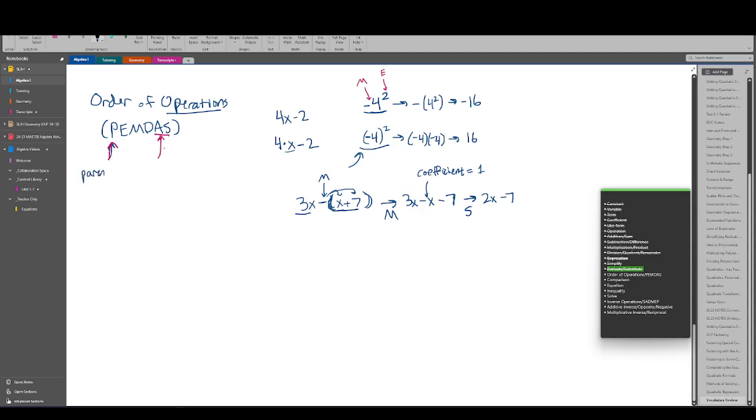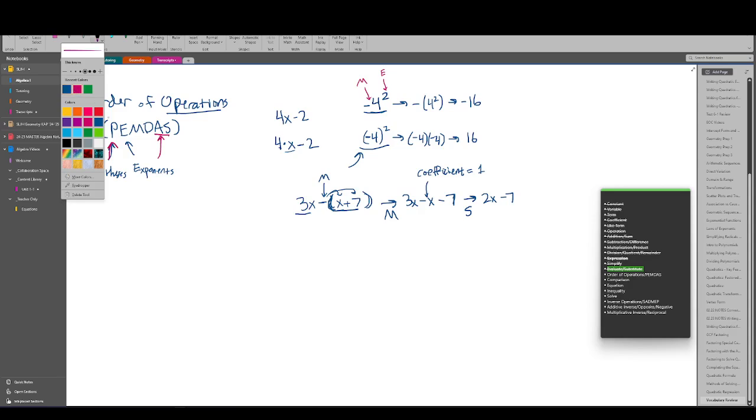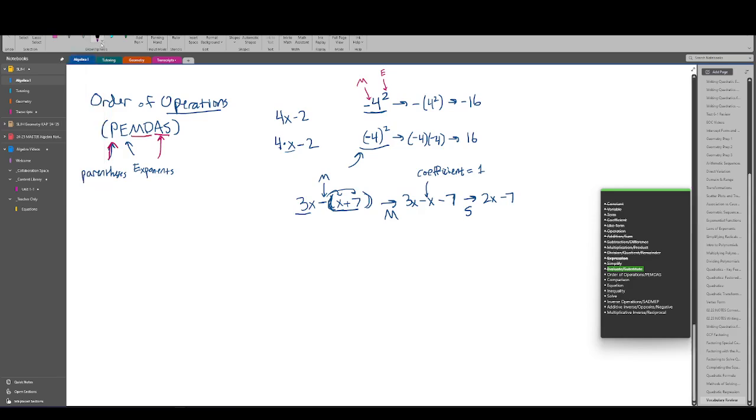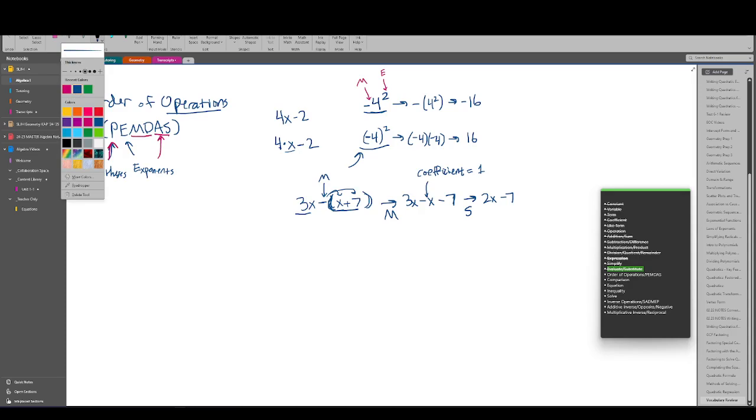So the P is parentheses, the E is exponents, so that means like if we're squaring something or raising something to a power. We'll be doing quite a bit more with exponents this year than you've done before. And then MD go together. Remember that division is fake.